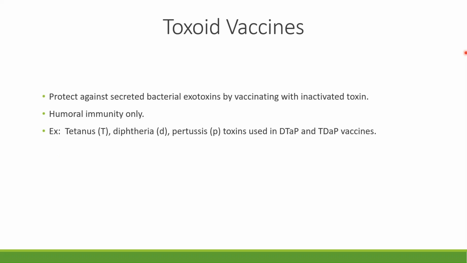Toxoid vaccines protect against bacterial exotoxins by using an inactivated toxin to stimulate an immune response. These vaccines only stimulate humoral immunity, the B cells, helping to produce antibodies against the toxin. Examples include the DTaP and Tdap vaccines.